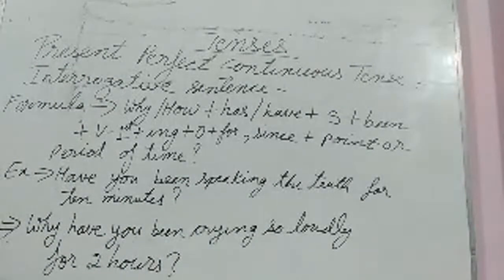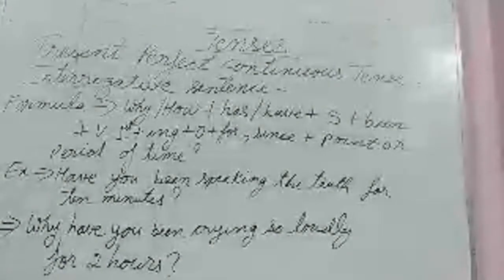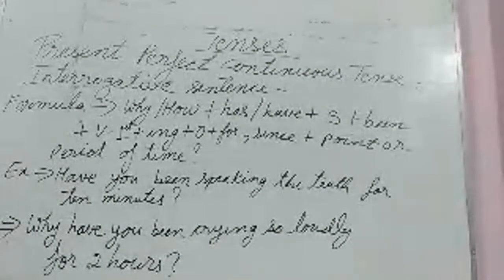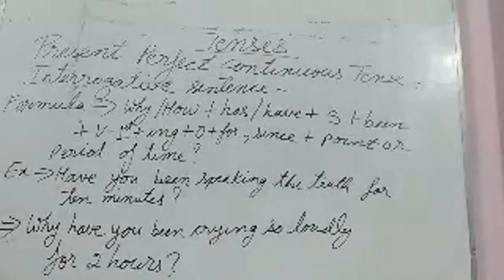So these are the two examples related to the interrogative sentence in present perfect continuous tense. Examples are, have you been speaking the truth for 10 minutes? Second one, why have you been crying so loudly for 2 hours?